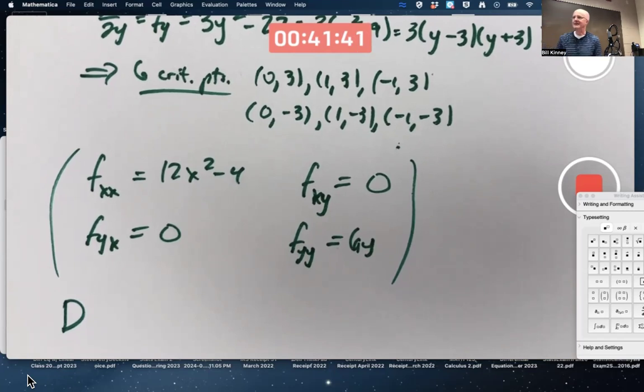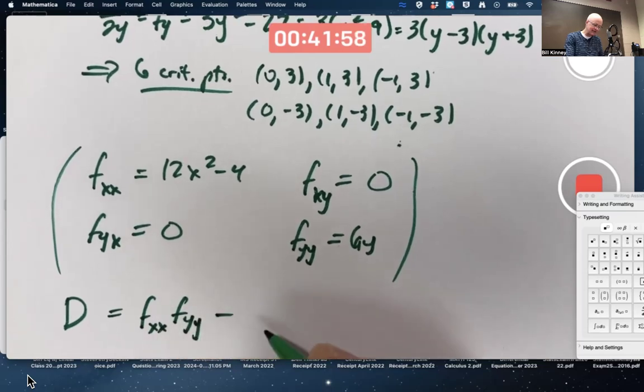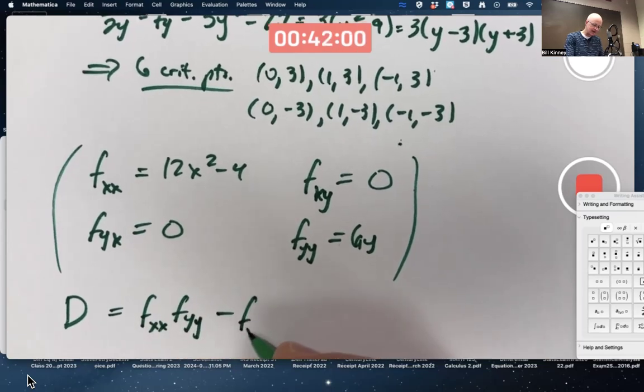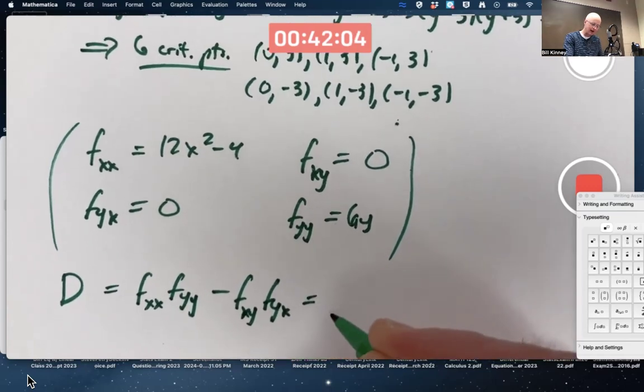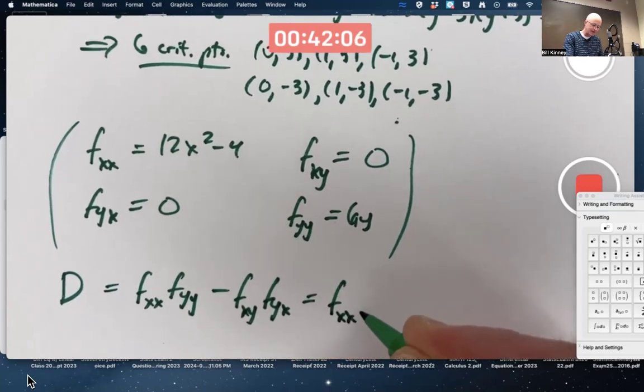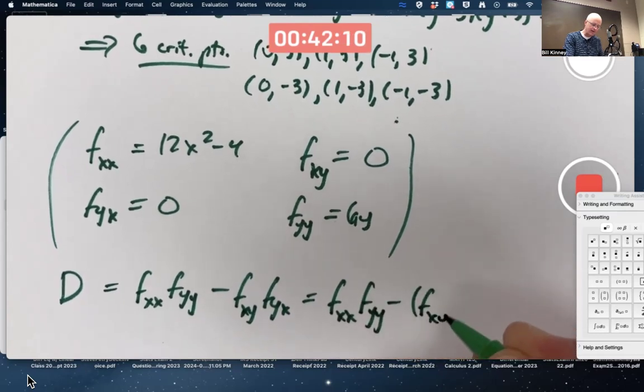However, it's not typically called a determinant in this context. It's typically called a discriminant. Still starts with D. It is the determinant of this matrix, though. It's fxx times fyy minus fxy times fyx, though because of the fact that fxy and fyx are the same, I can write that as a square of fxy.